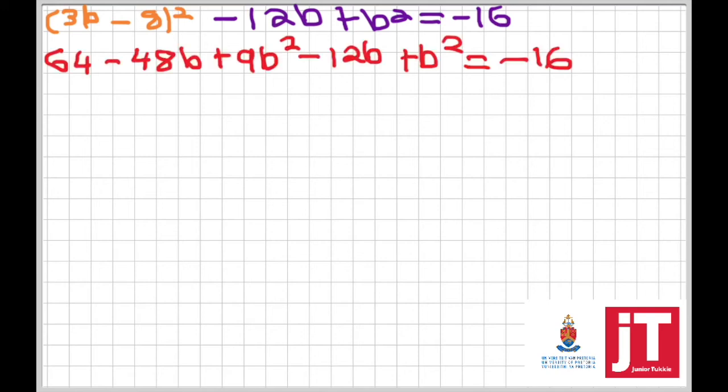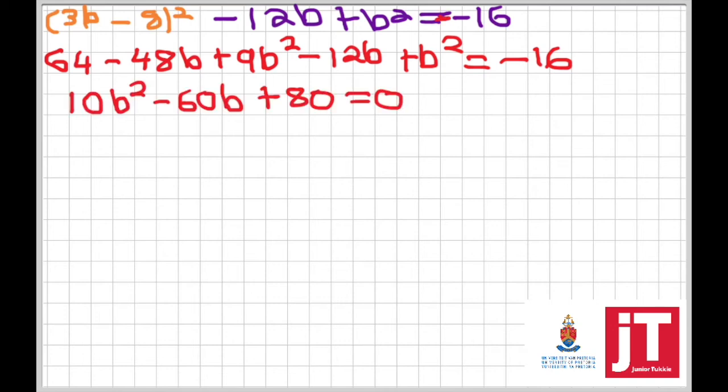Removing those brackets, you get 64 − 48b + 9b² − 12b + b² = −16. Simplifying it and standardizing it at the same time, we get 10b² − 60b + 80 = 0. We then divide everything by 10, resulting in b² − 6b + 8 = 0.